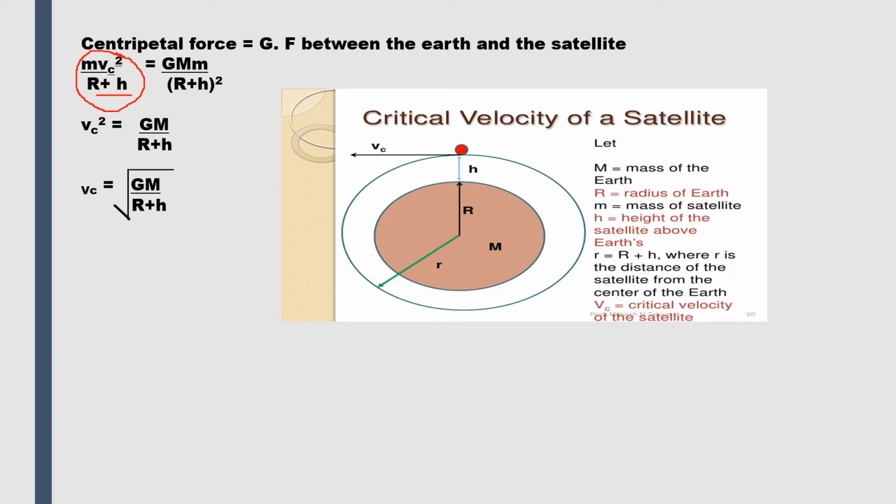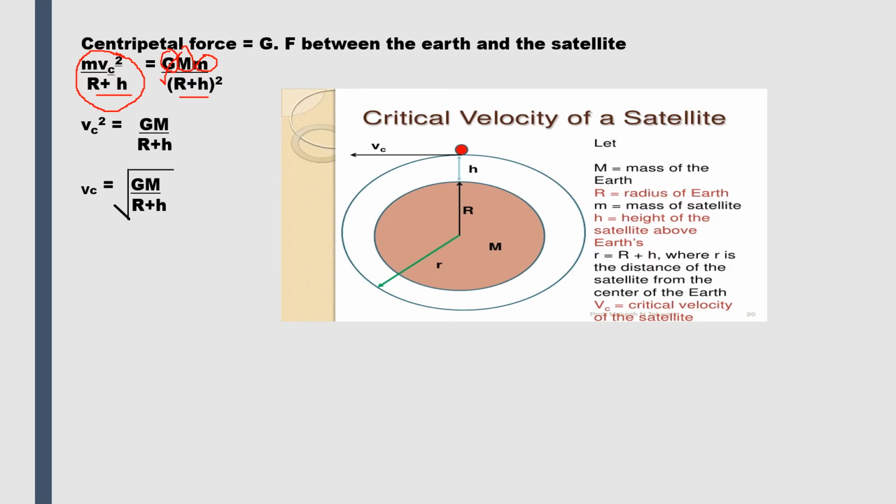So centripetal force m Vc square upon R plus h is equal to the gravitational force, which is given by the formula G M m upon small r square, where capital G is the constant of gravitation, capital M is the mass of the earth and small m is the mass of the satellite. But what is small r equal to? Small r is equal to R plus h, the whole square.